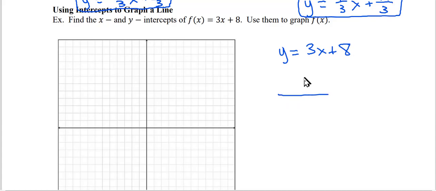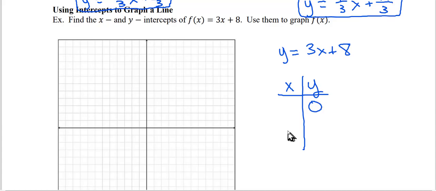The x-intercept is where this graph crosses the x-axis. That point, no matter what it is, has to have a y value of 0. The y-intercept is where the line crosses the y-axis.